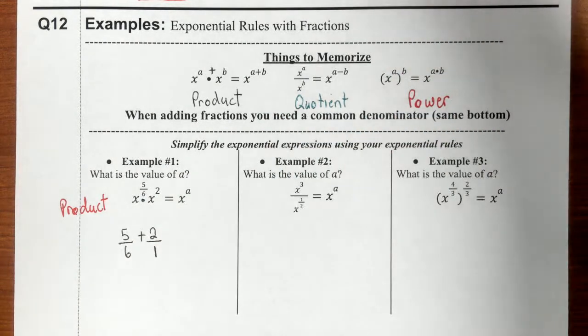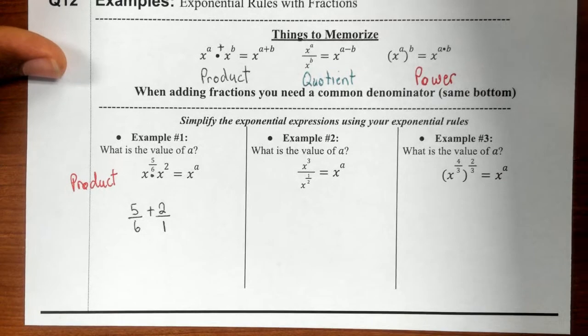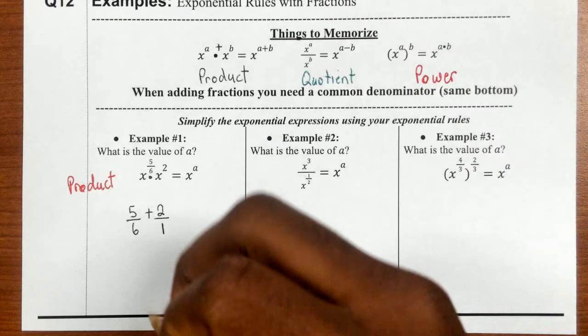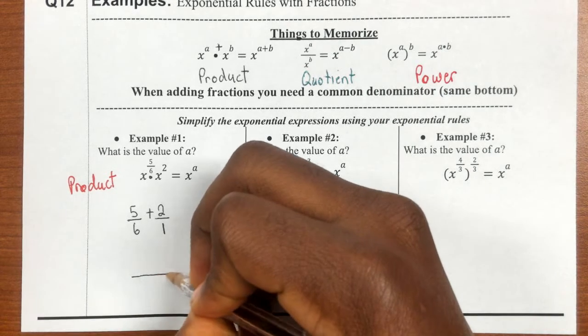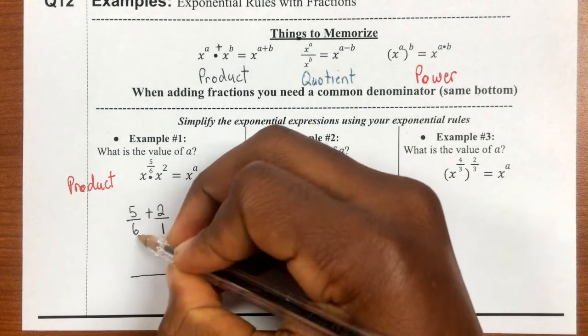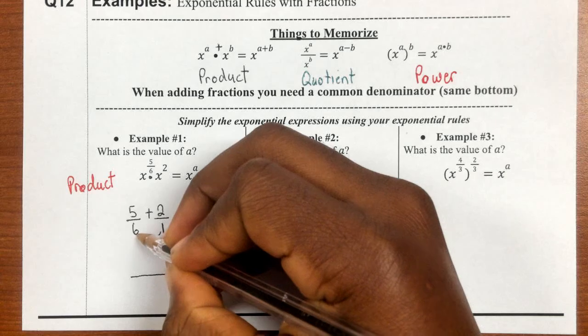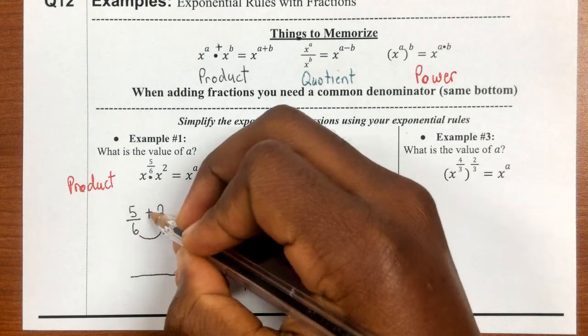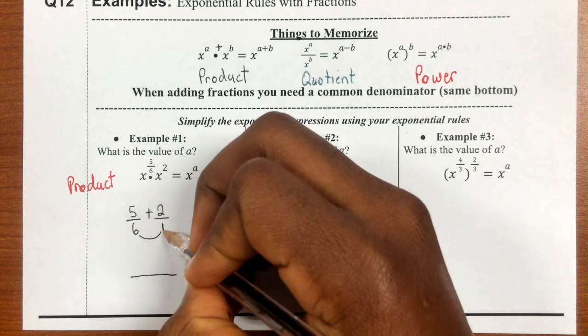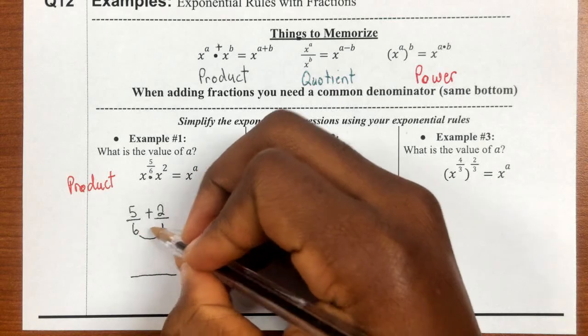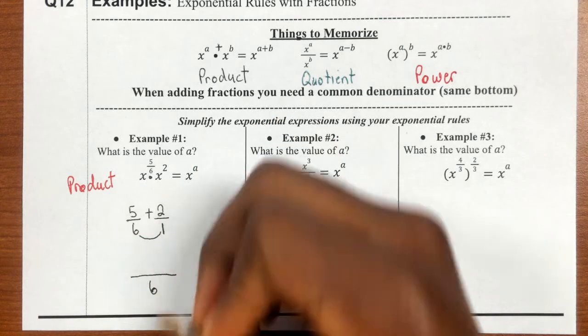We're going to use a method called the butterfly method. This is how you use it. To get a common denominator, I'm going to multiply both of these denominators together. Even though we're adding, we're technically going to multiply the denominators. 6 times 1 is 6.